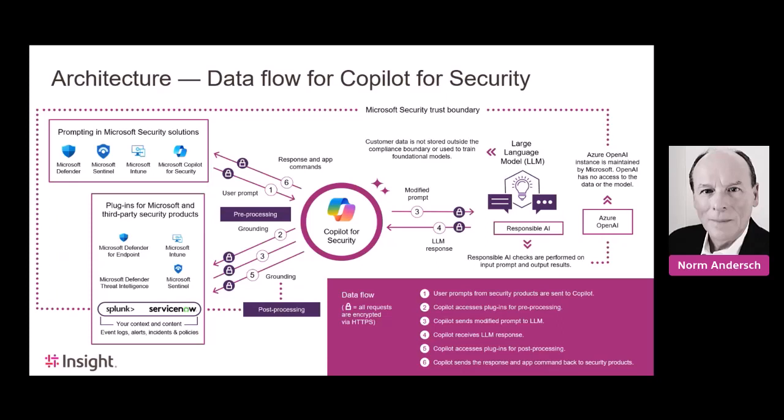So the main thing to call out here is that not only do all the products, and I would imagine third-party products will have them as well if they plug in, have embedded commands within them, but these plugins are also bringing the telemetry and what's going on with those individual products back into the Copilot for Security metasphere, if you want to call it that.